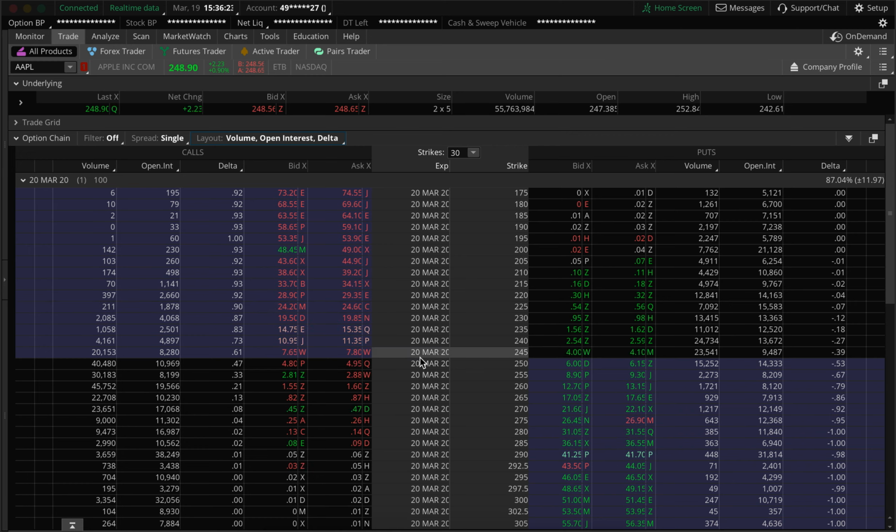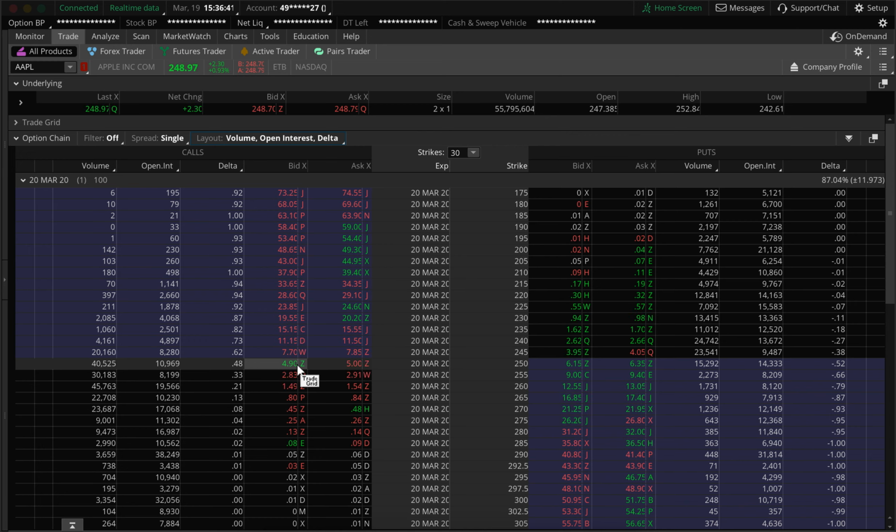If we look at these 250 strike calls again, for every dollar Apple moves up, these contracts are going to move up 48 cents. So if we were to buy 10 contracts, we would make $480 on a dollar increase in the price of Apple stock. Now, this doesn't include other aspects like theta or vega, which influence option premiums, but this is just delta.